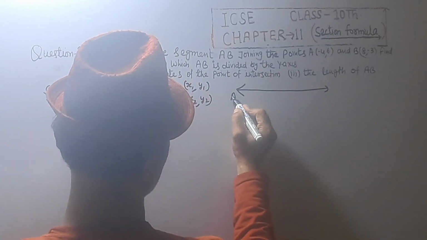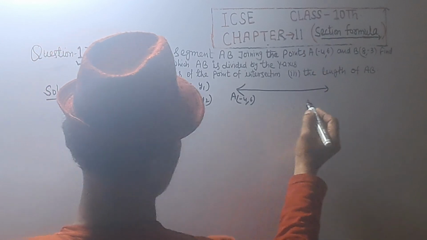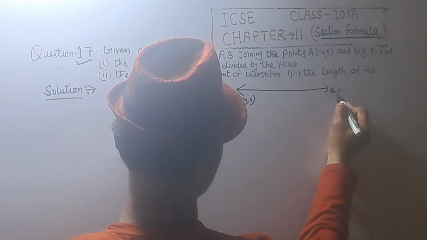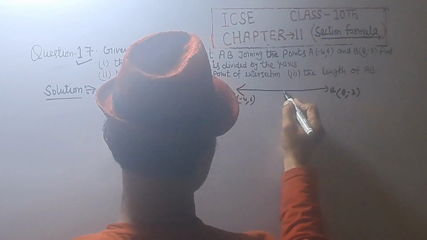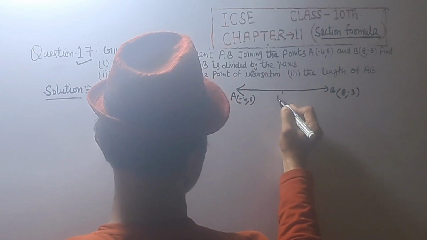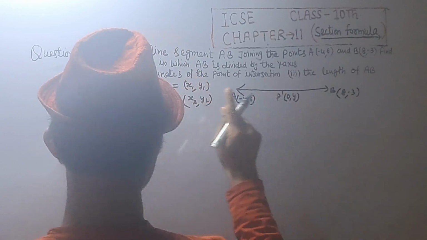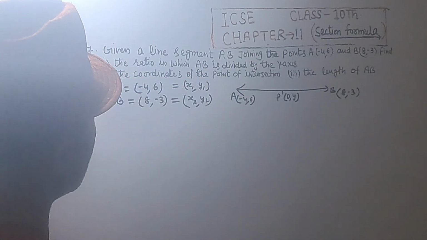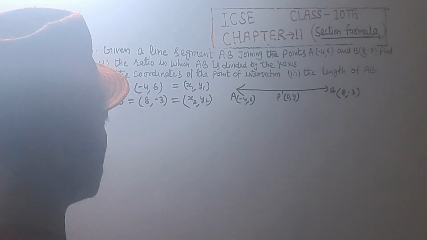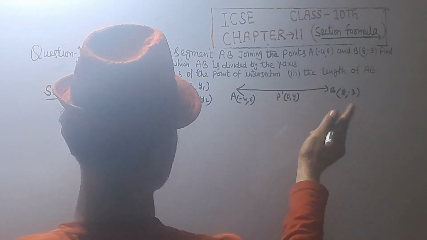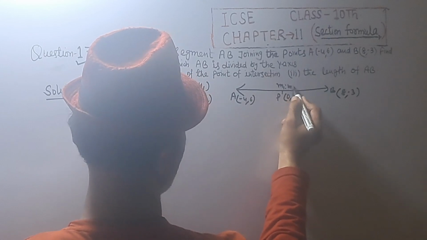We find the ratio. A is (-4, 6), B is (8, -3), and point P is (0, y). Ratio in which AB is divided by the y-axis, so x is equal to 0, and the ratio is m1 ratio m2.